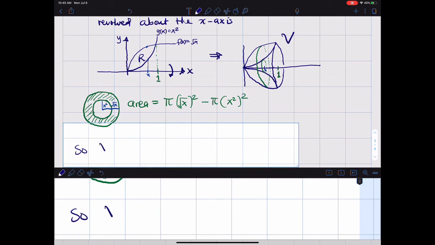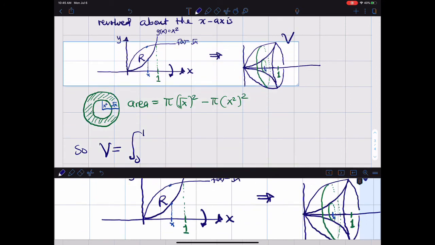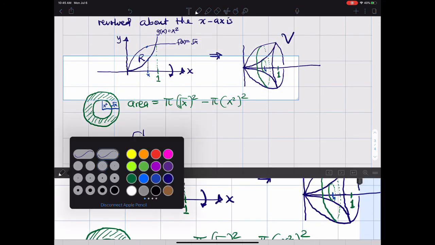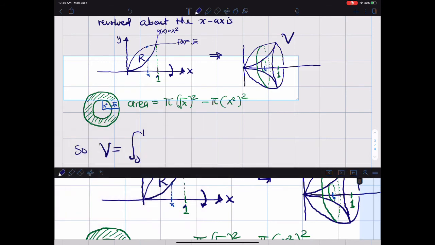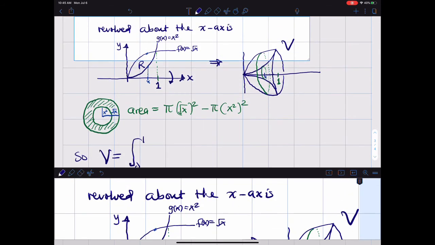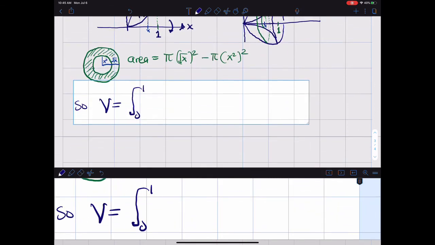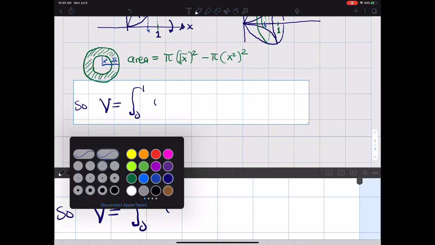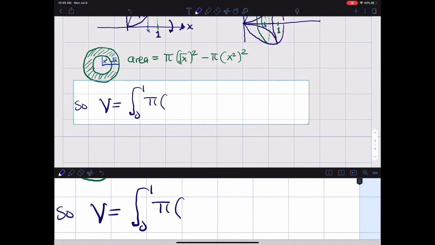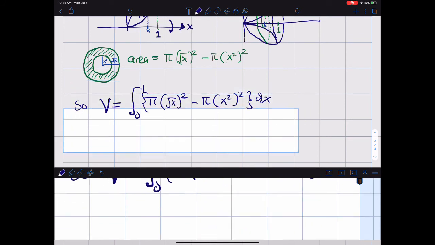So our volume, V, is the integral from 0 to 1. Remember, this wasn't explicitly stated in the problem, but they intersect at 1. You can prove this by just setting x squared equal to square root of x and showing that the two graphs intersect at 1. So we're going from 0 to 1 of pi, the area dx, pi, square root of x squared minus pi, x squared squared dx, right?